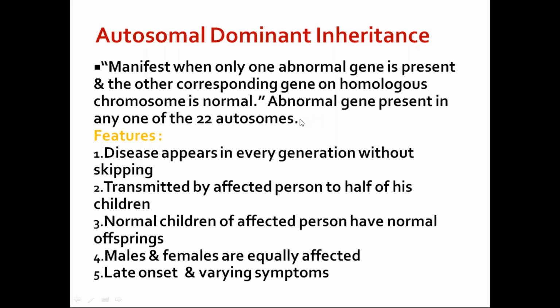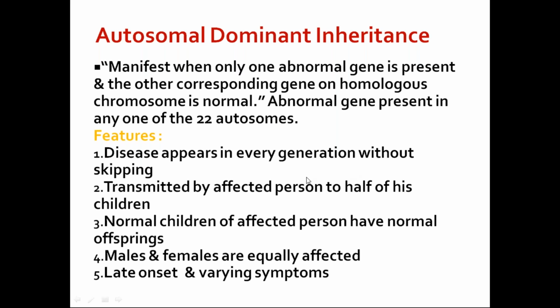Only one gene may be present with an abnormality, and it may present as some disorder. Features of autosomal dominant disorder: the disease appears in every generation without skipping. These are the features of this genetic disorder.